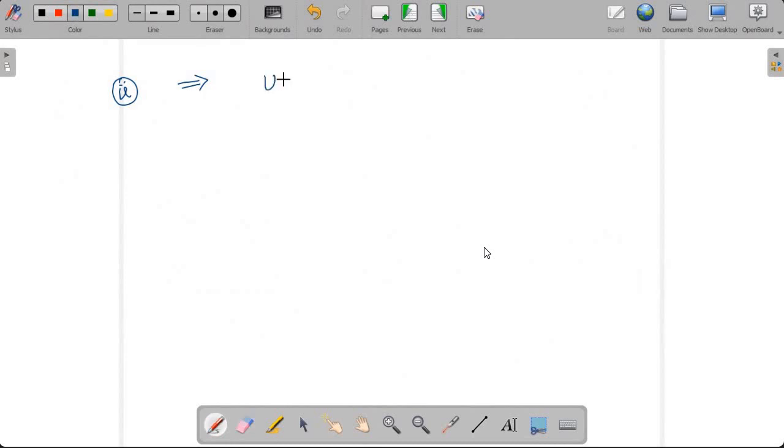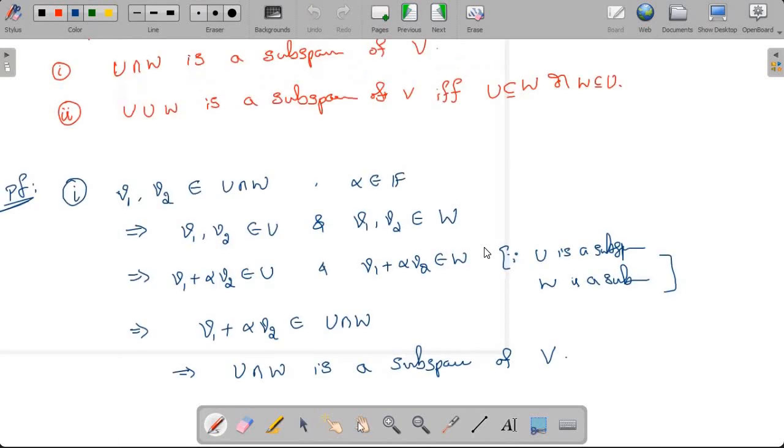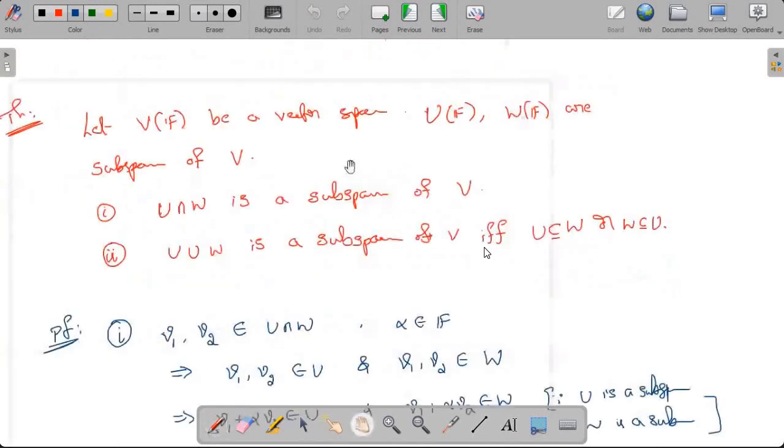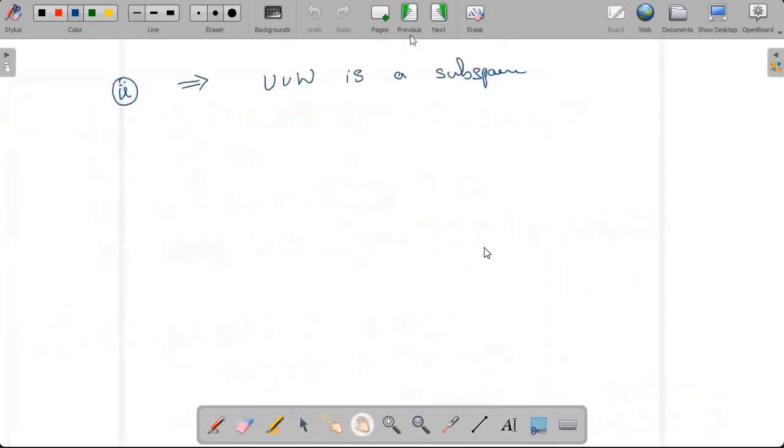U union W is a subspace where U comma W are subspaces. Okay, here it is already provided in the beginning itself. In the hypothesis, you can see U and W are subspaces. All right. So you came to know that U union W is a subspace.